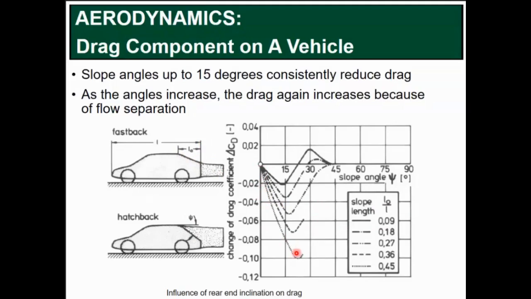Tengok graph ni kan. If LO is small, meaning that hatchback lah, and high value of LO meaning that sedan. So sedan will create more change of drag coefficient.